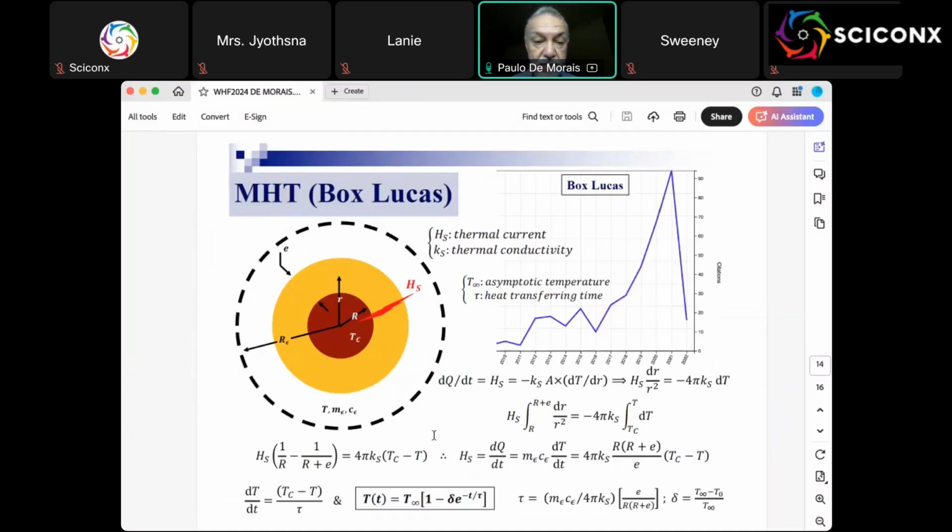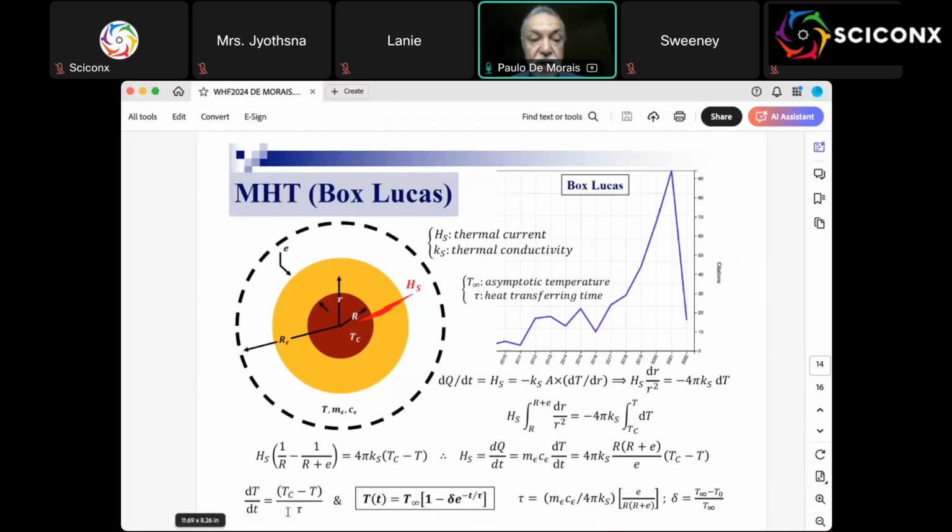After integrating this, we finally come to the relationship between the rate of the temperature increase as a function of the temperature of the core and the temperature of the external medium.